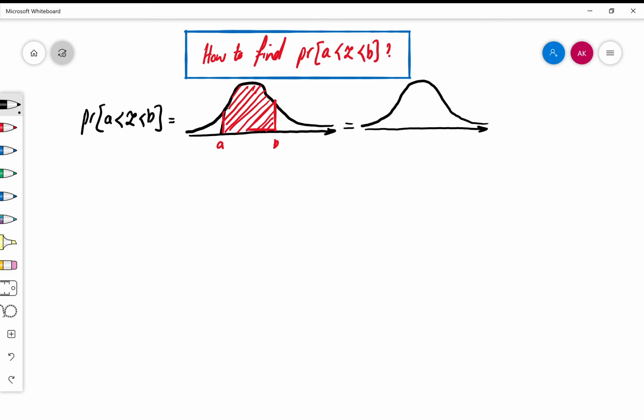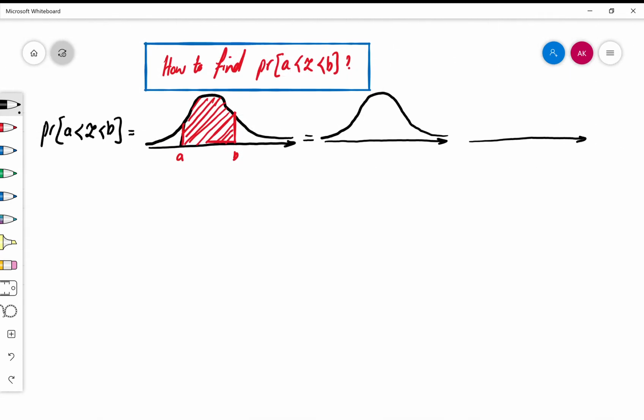We can see that this is the same area as we first find the area under the graph of this function up to the upper bound, and then subtract from there this small piece.